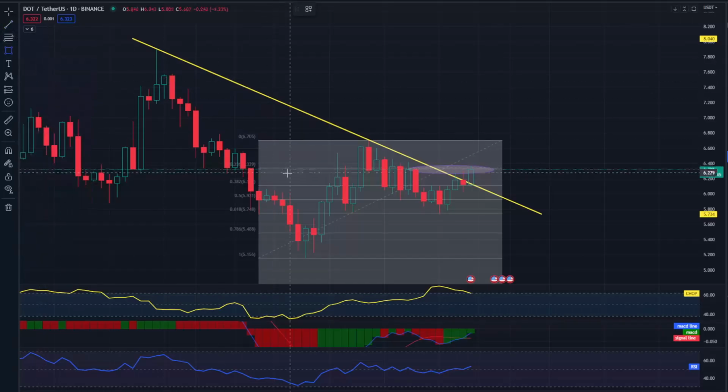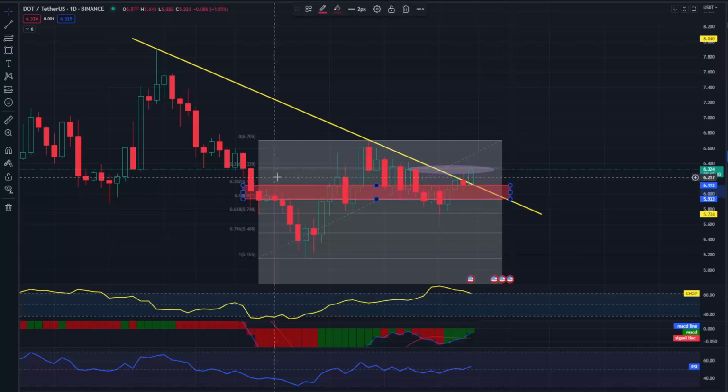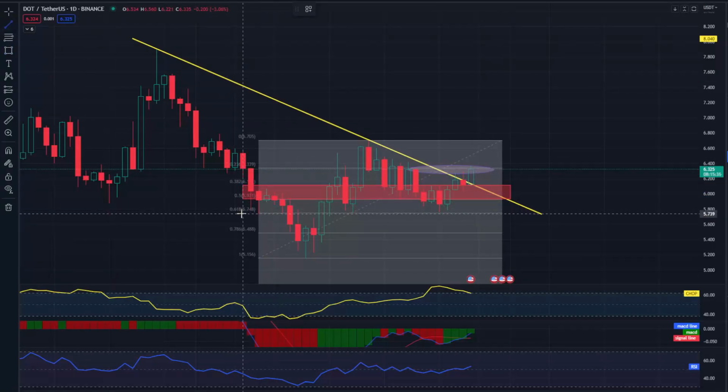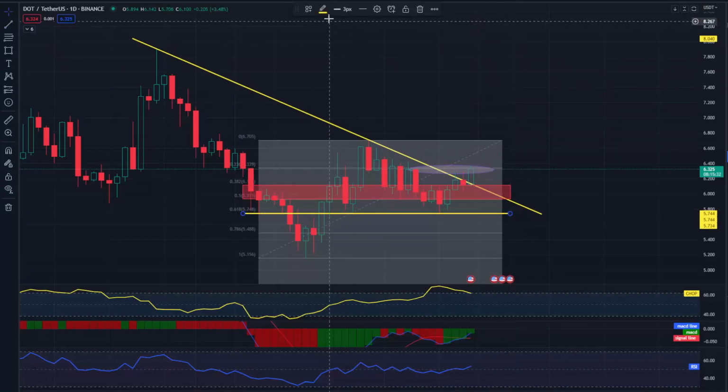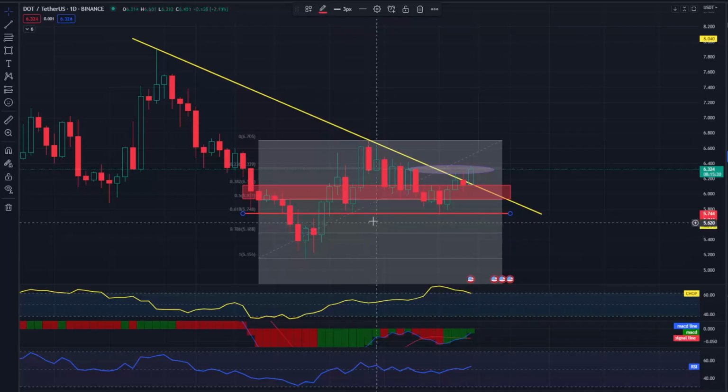Then we have a support zone from $6.11 to $5.93 in front of the price. Third support at $5.74, and then fourth support at $5.49.